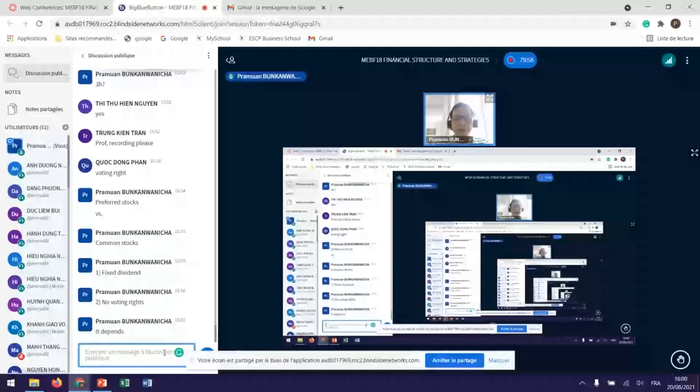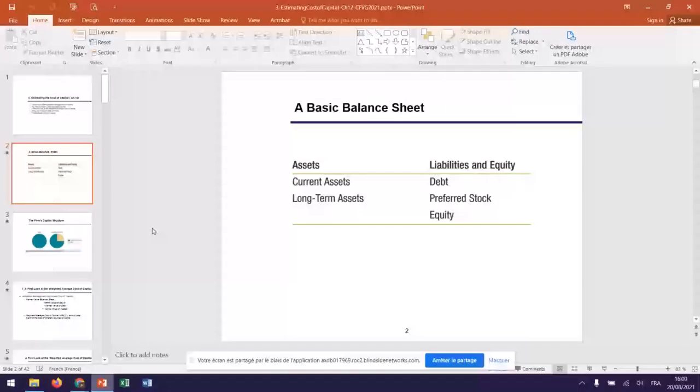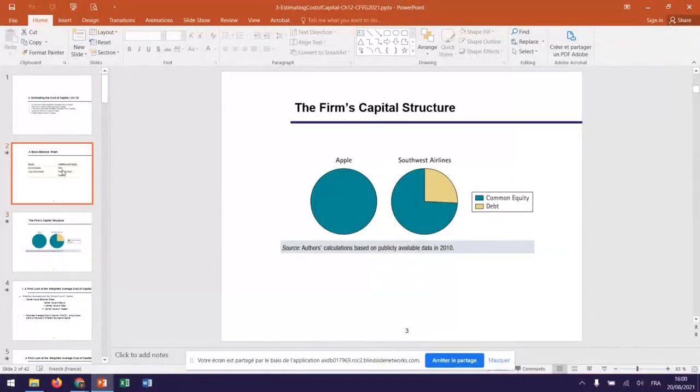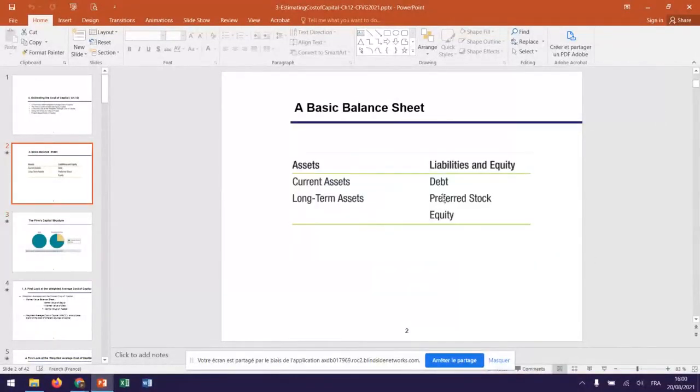So that is what we call the balance sheet. Interestingly, companies may choose the structure on the right hand side differently. The proportion that the company borrows from someone by having debt, some companies have more debt, some companies have less debt, and this we call the company's capital structure.